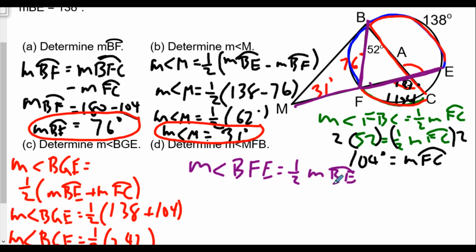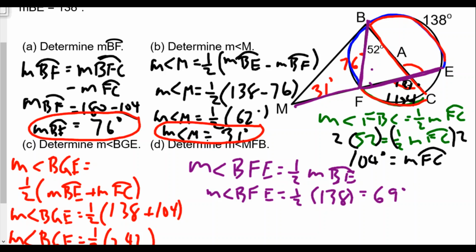Why? Because it is the arc intercepted by angle BFE. Therefore, the measure of angle BFE equals 1/2 of 138 degrees, which is 69 degrees.